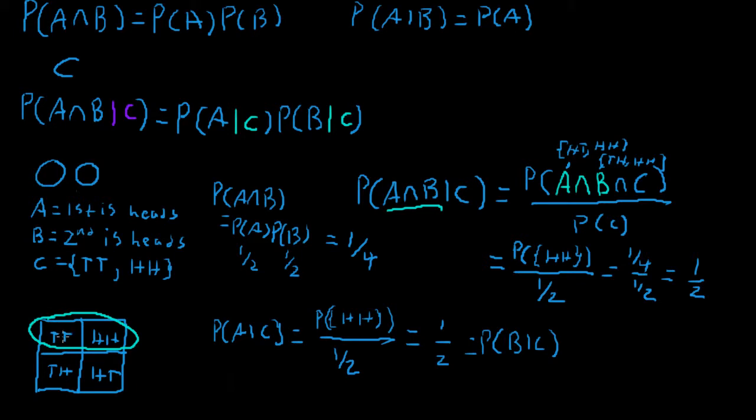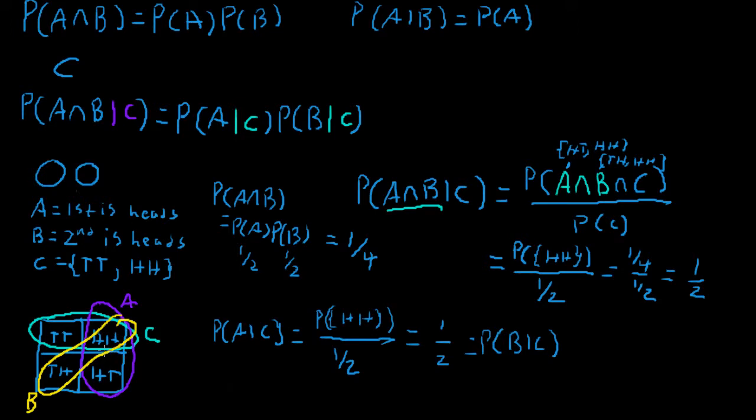A is this set over here, so this is A, C, and B is this set over here, so this is B. Now, if I tell you I know I'm in C, well, then the only place that both A and B happen is here.